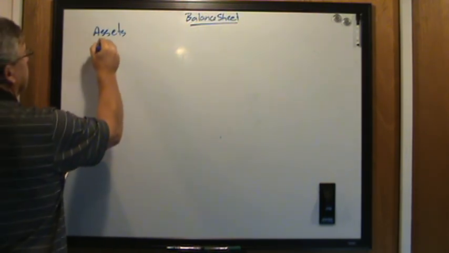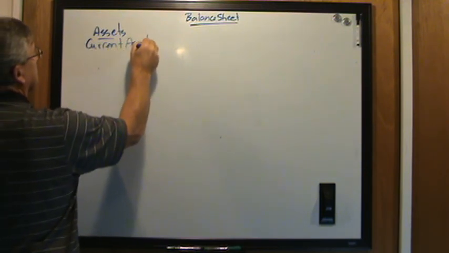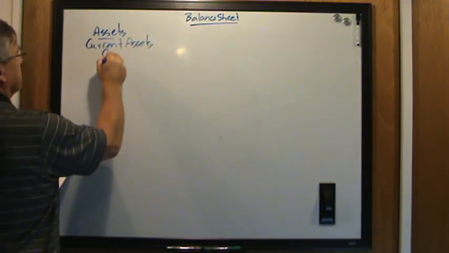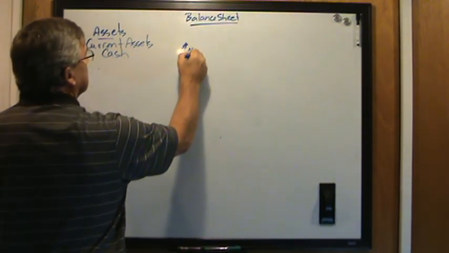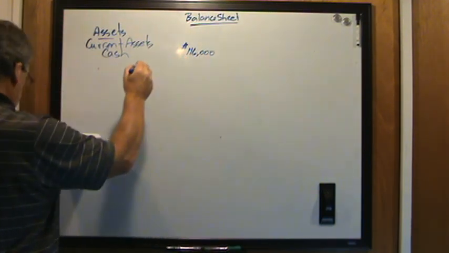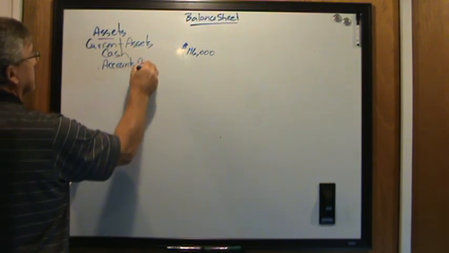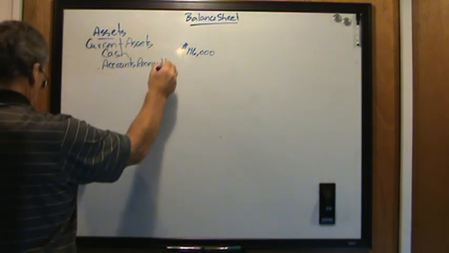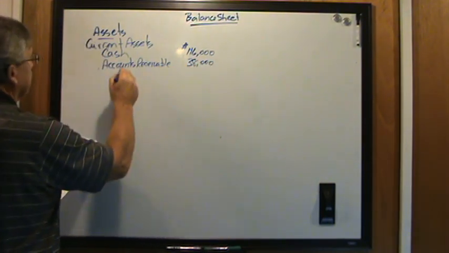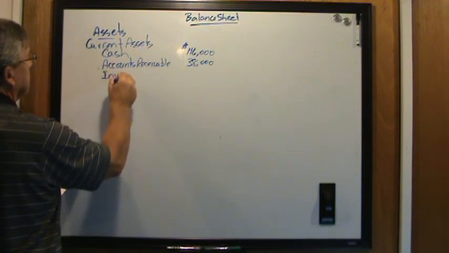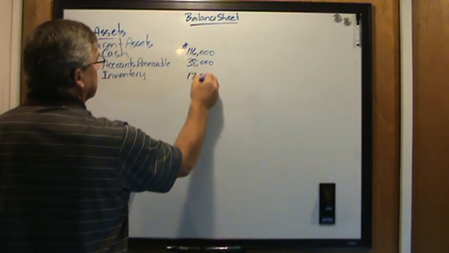And current assets are, first of all, cash, 116,000. Accounts receivable, $38,000. Inventory is 17,000.